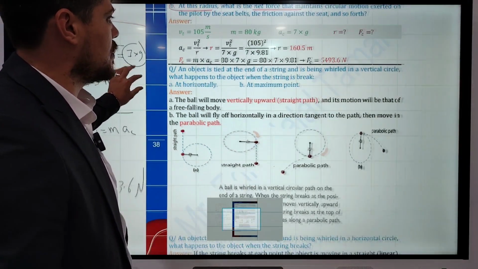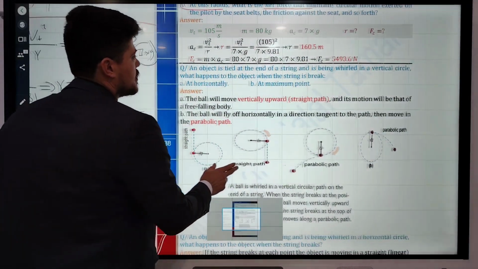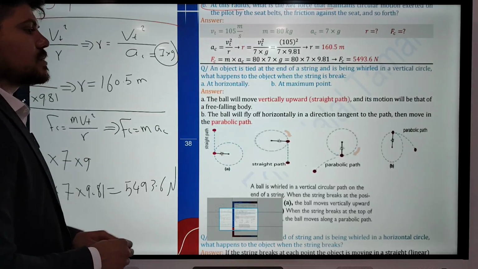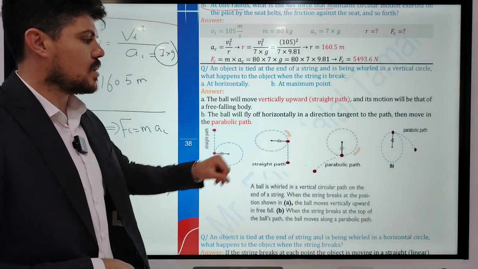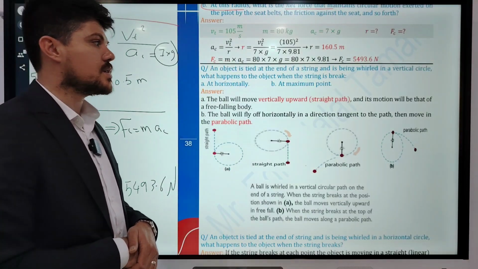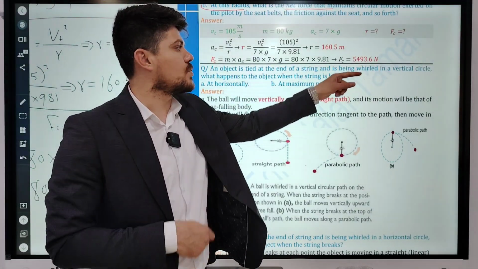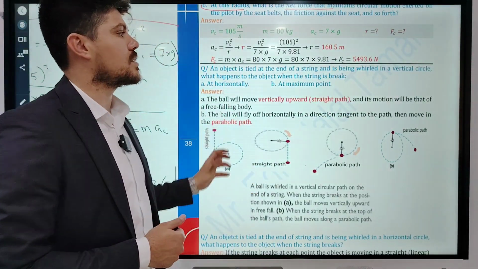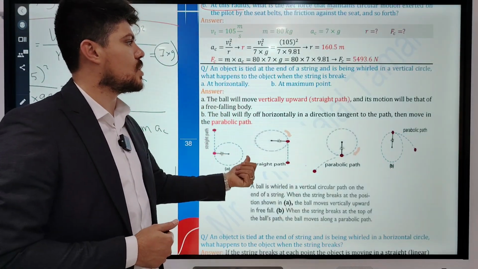Another question with this note. The picture is very important, and maybe they will bring it in the exam, about the circular motion of an object tied at the end of a string and reeled in a circular path. An object is tied at the end of the string and it's being reeled in a vertical circle. The object is moving in a circular path because of this rope.